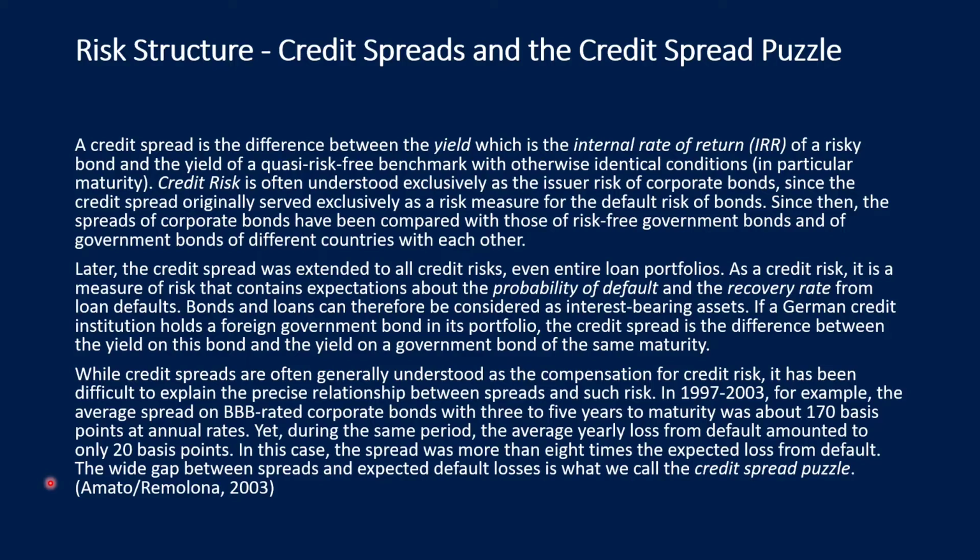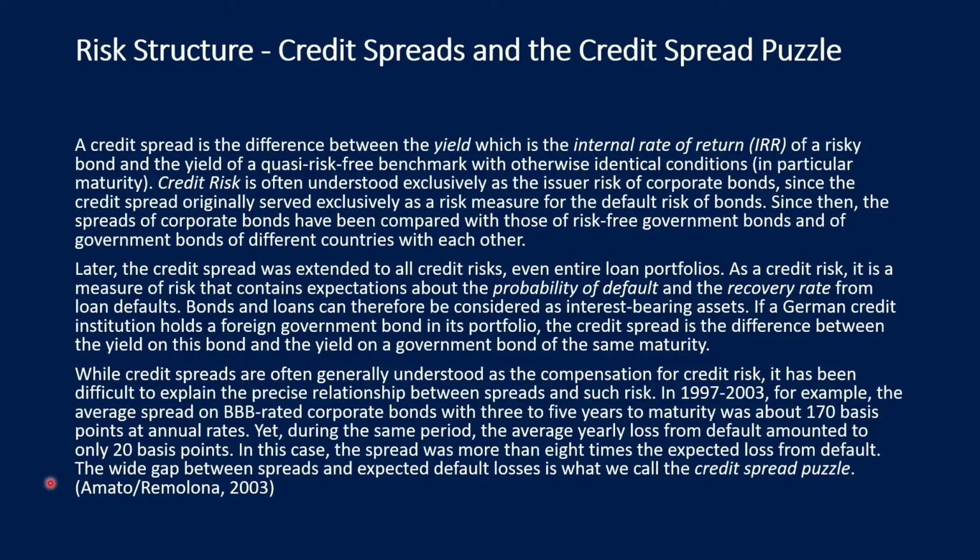There's a lot of research done to research the determinants of the credit spreads. This research is called the credit spread puzzle. Puzzle means there is not sufficient research. We can't fully understand how credit spreads are composed.